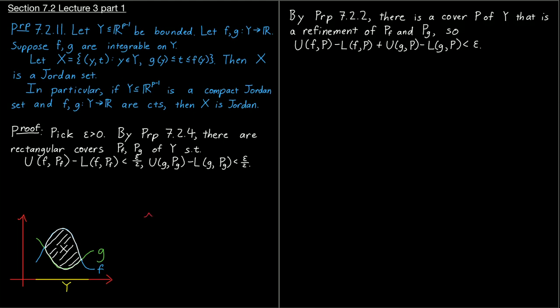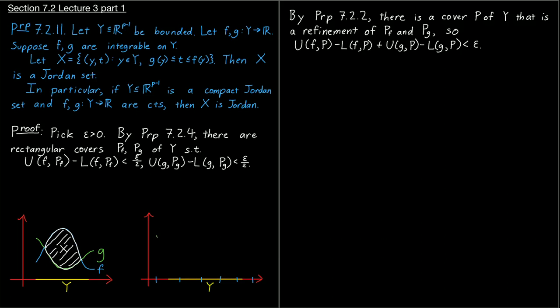So let me draw this picture again. Here is Y, and then here is our cover of Y. In one dimension, we could make it a partition that only saw points in Y, but in higher dimensions or for weirder sets, we might not be able to do that.